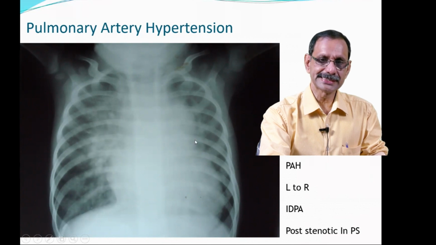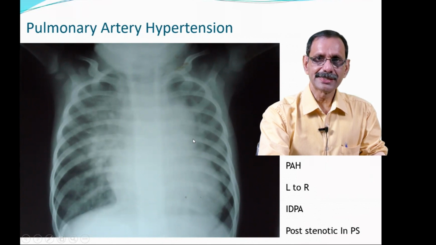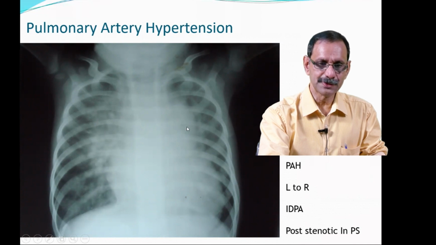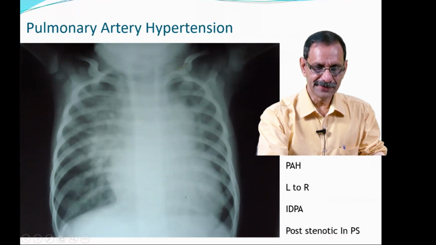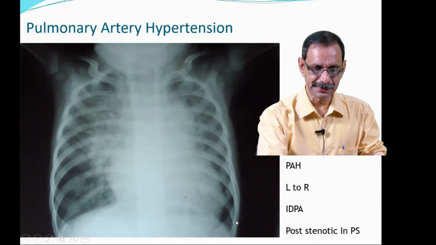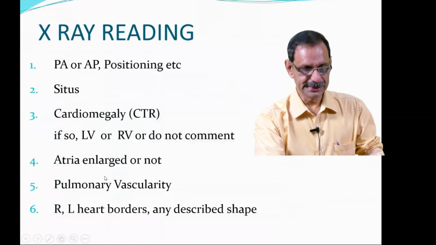In pulmonary stenosis also the child can remain asymptomatic, but the stenotic jet will hit on the vessel and produce a dilatation. So those are the two differential diagnoses if these things are not there. A normal heart, asymptomatic child, but a prominent pulmonary. The differential diagnosis will be idiopathic dilatation of pulmonary artery and post-stenotic dilatation of pulmonary stenosis.